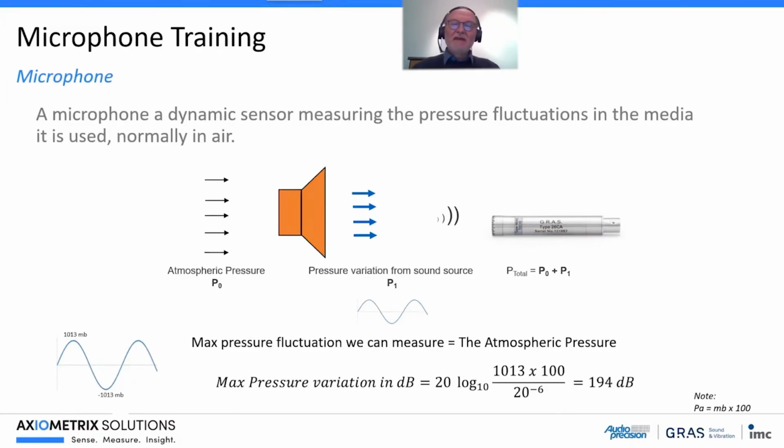We can see the calculation here. So the maximum sound pressure level we are able to measure is 194 dB, because we cannot make a higher pressure fluctuation than the atmospheric pressure.